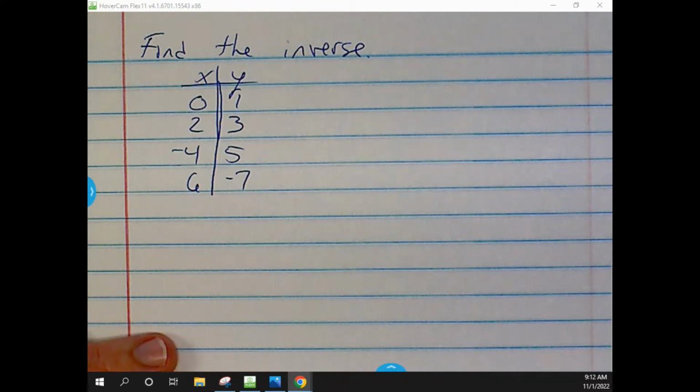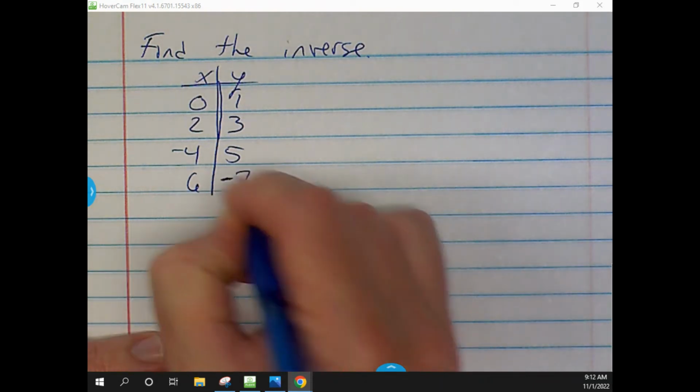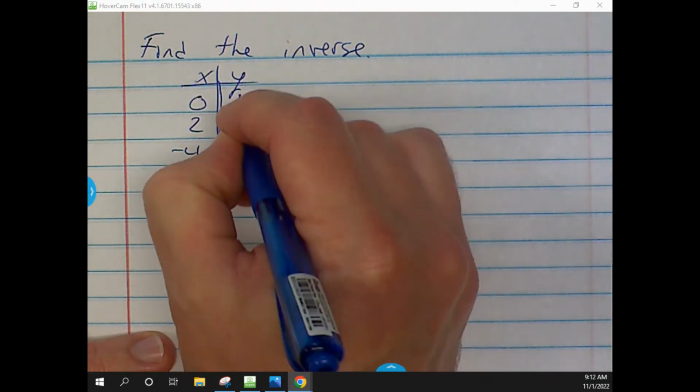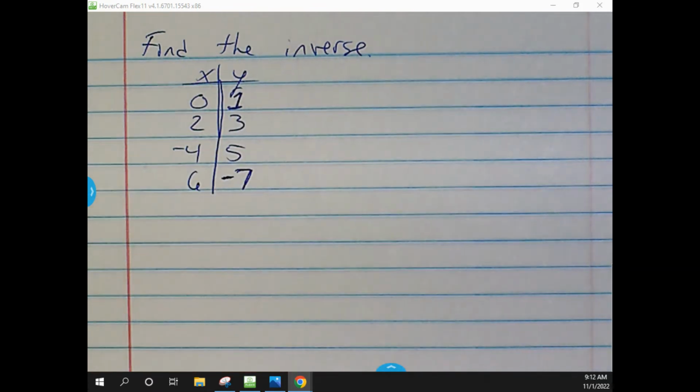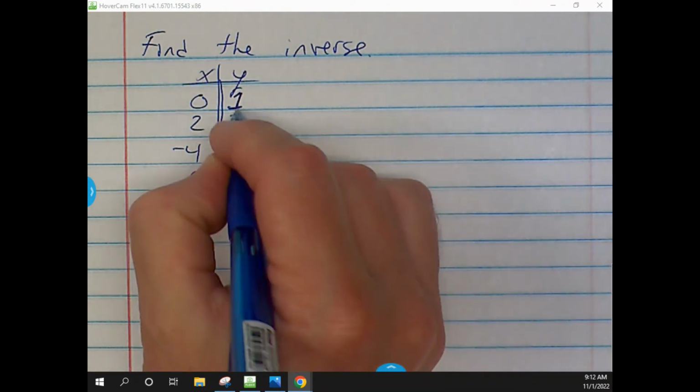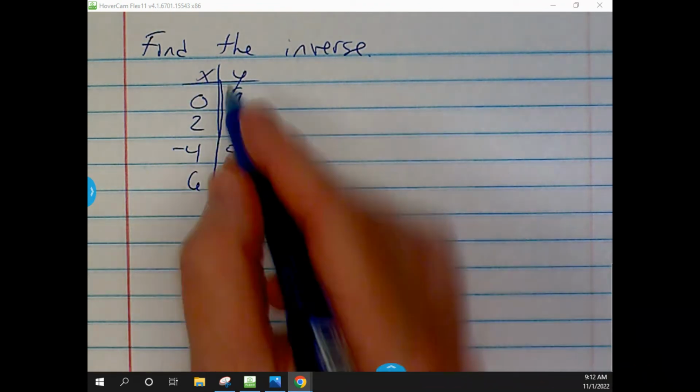Okay, so it may be a list of ordered pairs. It might be dots on a graph. 0, 1, 2, 3, -4, 5, and then 6, -7. Okay, it could be a list like this.